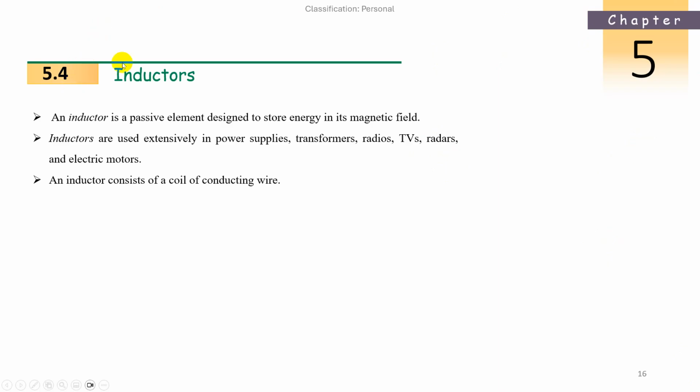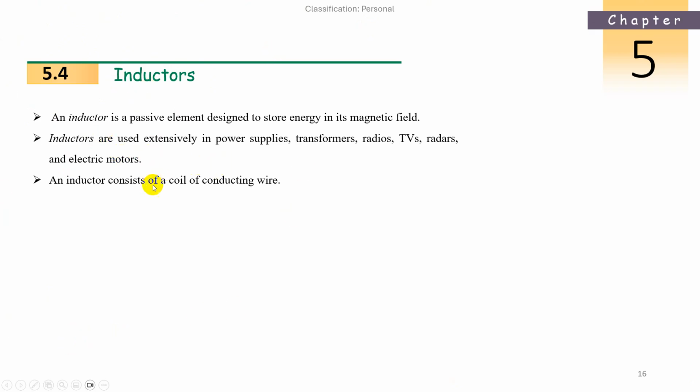Another method is to put a material like iron, cast iron, or many different alloys inside the wire. That material, if you put inside the wire, will make it a more powerful inductor.